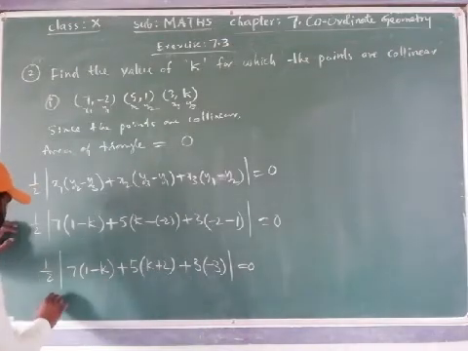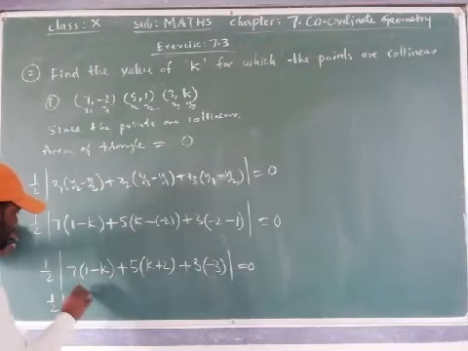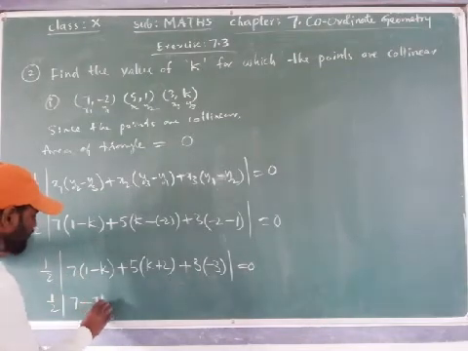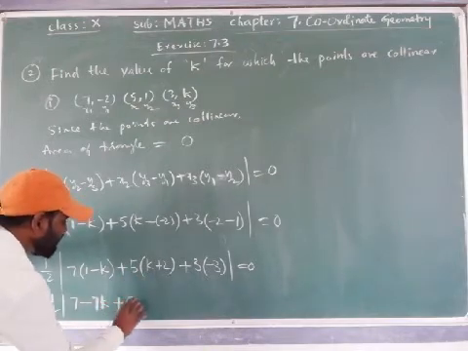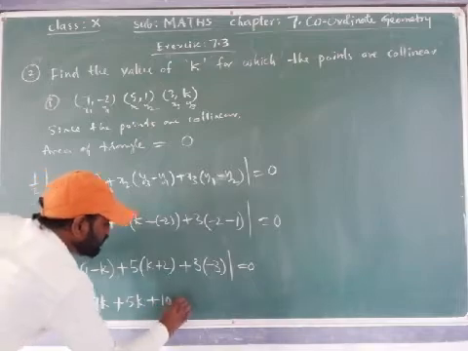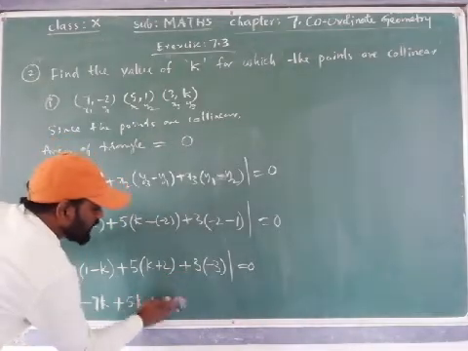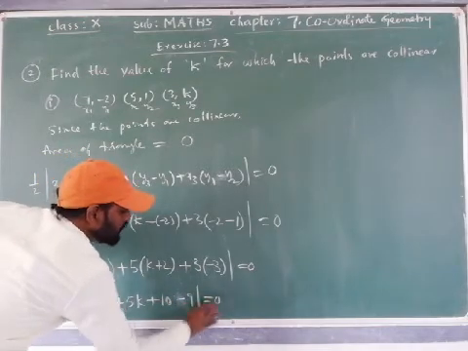Let's simplify this again. 1 by 2, 7 into 1, 7 minus 7 into k, 7k. Plus 5 into k, 5k. Plus 5 2s are 10. Again, plus into minus, it is minus. 3 3s are 9. Equal to 0.